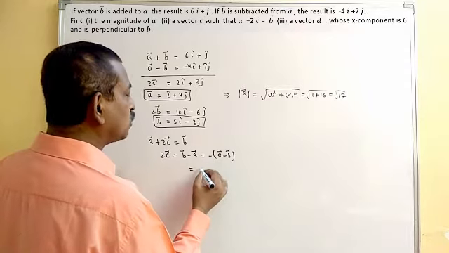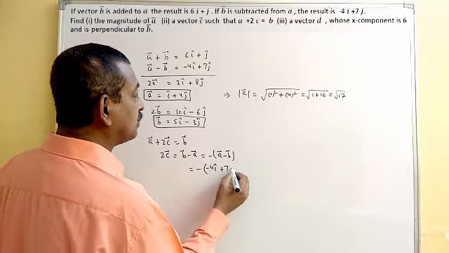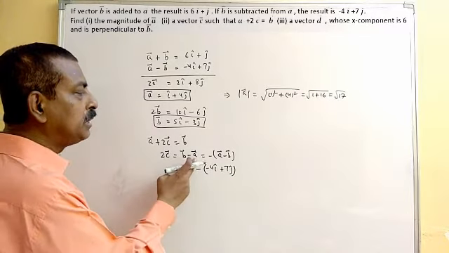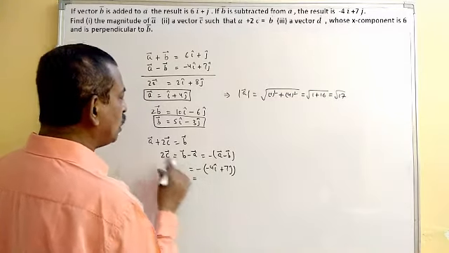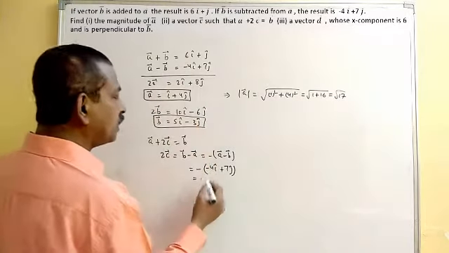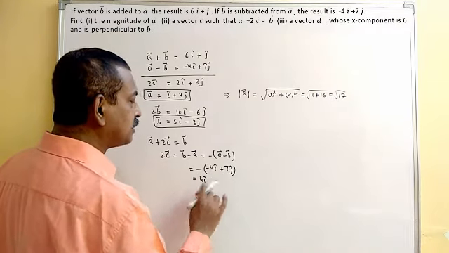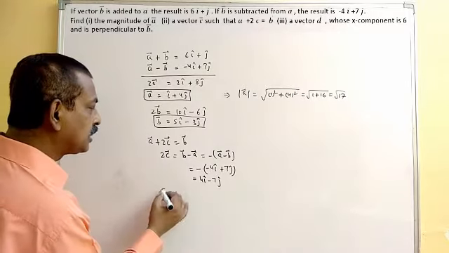This will be equal to minus 4i plus 7j, because it is b minus a, so it will be just the opposite. In that case, vector a minus b is 4i minus 7j. So vector c will be how much?